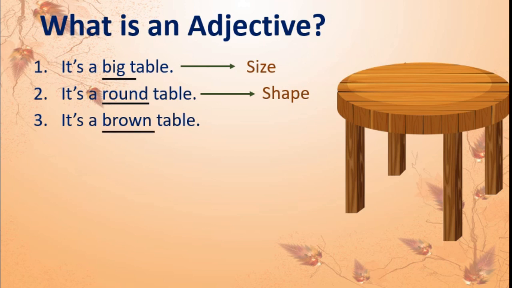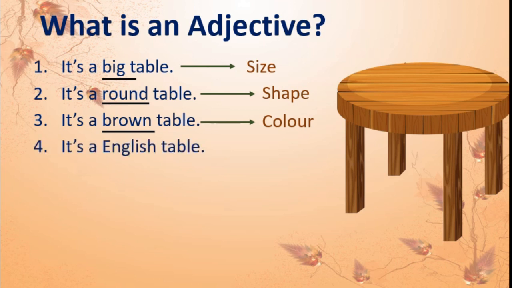Yes, here brown is an adjective. And brown means it tells us the color of the table. Correct? Next one, it's an English table. See here, English is a describing word used in this sentence about the table.